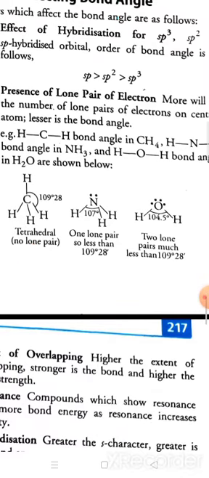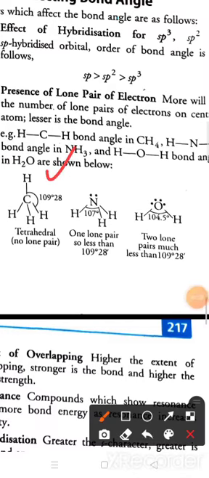No lone pair is present, so the bond angle is 109 degrees 28 minutes, while in the presence of one lone pair on nitrogen the bond angle decreases to 107. Due to the presence of two lone pairs in the H2O molecule, the bond angle decreases to 104.5 degrees. So as the number of lone pairs increases, the bond angle decreases.